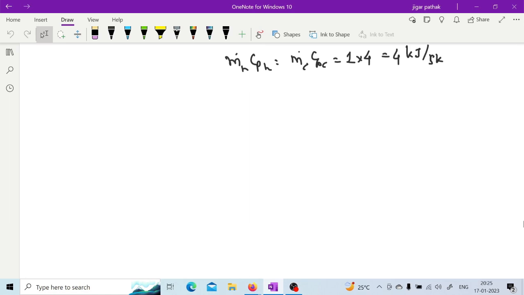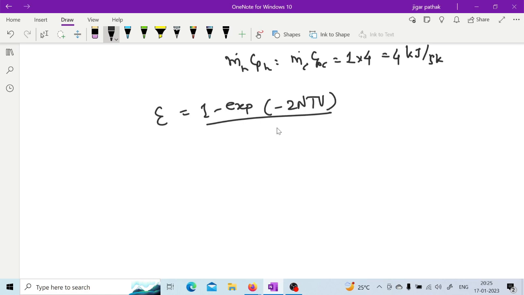Whatever is given for your effectiveness, that is 1 minus exponential of minus 2 NTU divided by 2. What you can do is you can calculate NTU first. NTU is what? Anyone remembers? UA by C minimum.